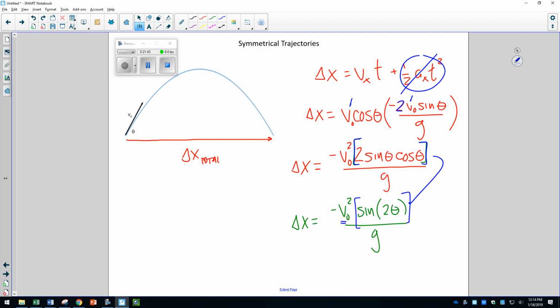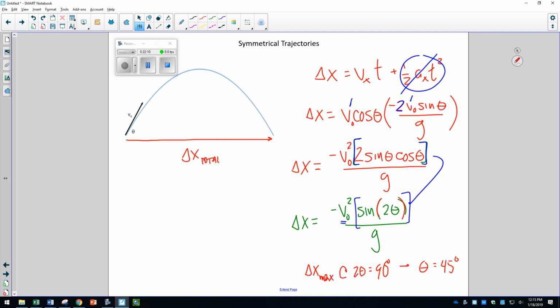It means we want the sine of something to be as big as we can make it. A sine function can be as big as 1 when the thing you're taking the sine of is 90 degrees. So that says delta x max at 2 theta is 90 degrees, or when you shoot at 45 degrees.